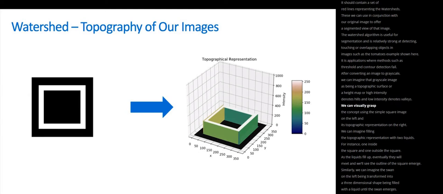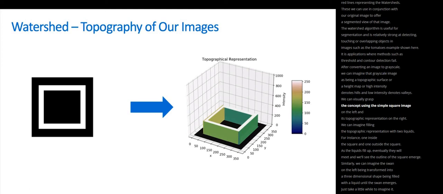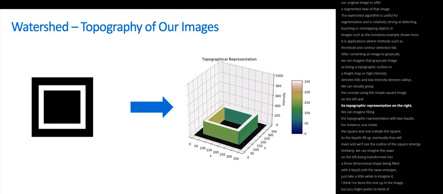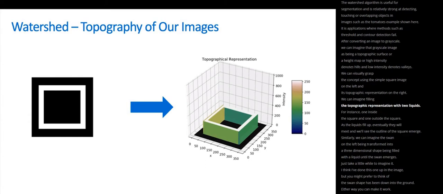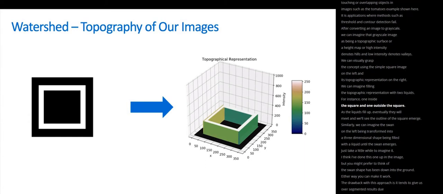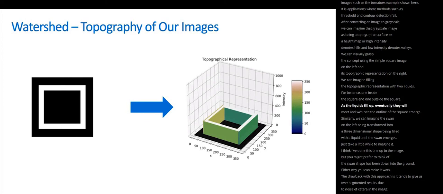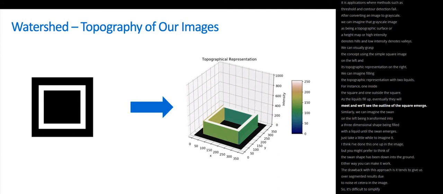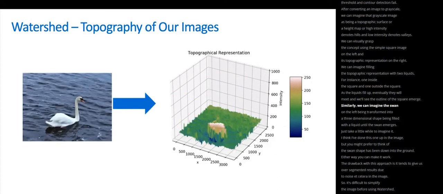We can visually grasp the concept using the simple square image on the left and its topographic representation on the right. We can imagine filling the topographic representation with two liquids, for instance one inside the square and one outside the square. As the liquids fill up, eventually they will meet and we'll see the outline of the square emerge.